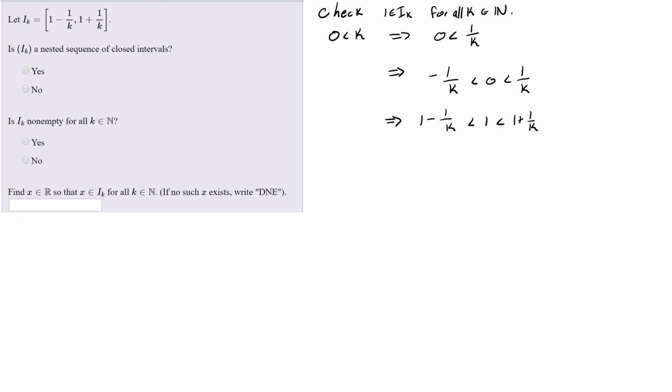And then we have the freedom to change these strict inequalities to weak inequalities. So change all of the less than signs to less than or equal to. This is a more lenient condition. So then by definition, 1 is in I sub k.